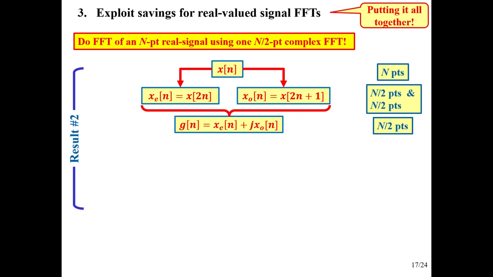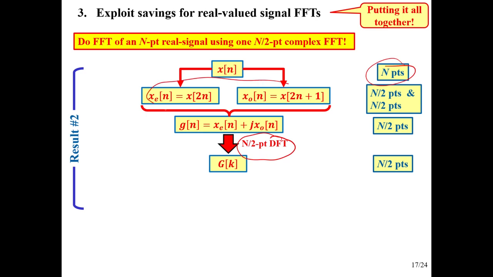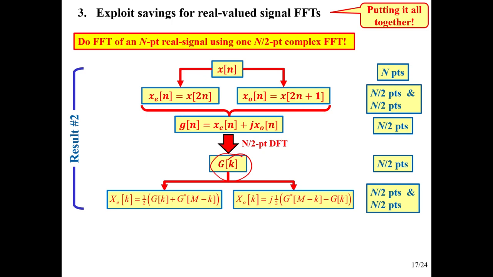That's how you do it. So we have that. Now I'm going to take that complex data and compute an N/2-point DFT, right? I went from N points down to 2 N/2-point things, down to 1 N/2-point thing. Take its N/2-point DFT. I now have that.